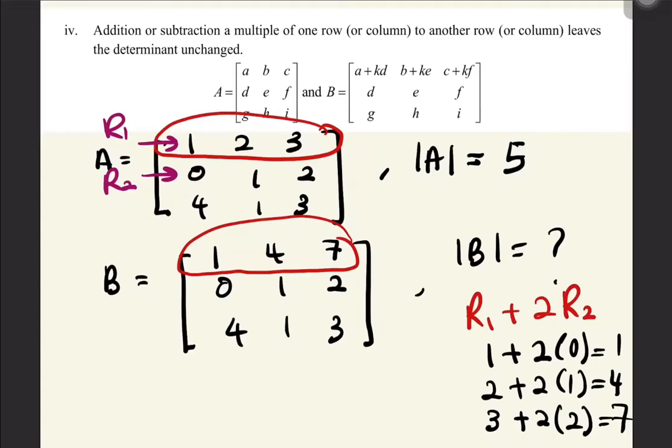Okay, so by using this property, the determinant of B remains unchanged. Okay, because we just change one row, the second and the third row remain unchanged, and one row is produced based on the operation on two rows of matrix A. Okay, so therefore the determinant of B is equal to determinant of A, which is equal to 5.